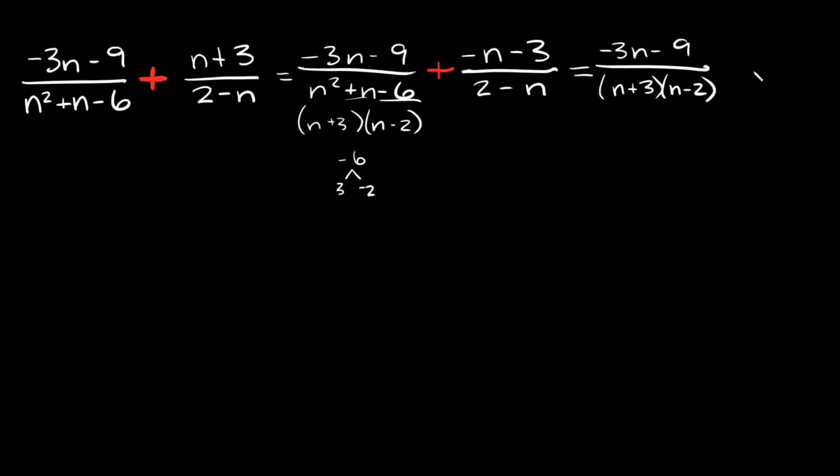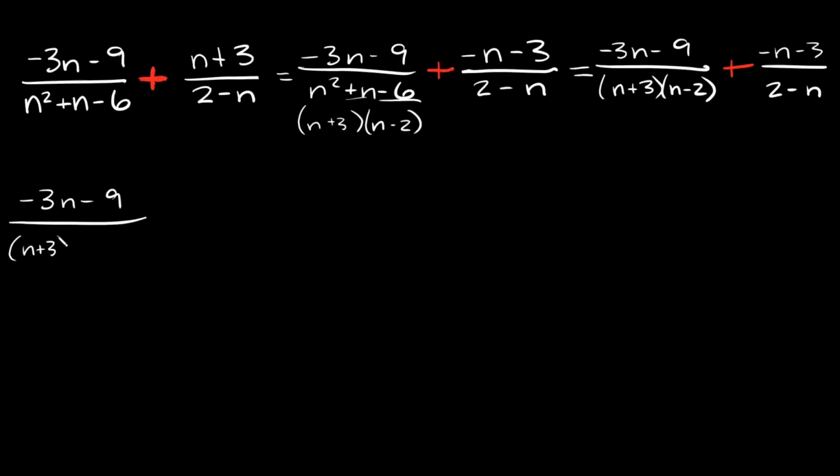And then we're adding this other one, so plus negative n minus 3 on top over 2 minus n. Now something you might notice is that this n minus 2 looks very similar to this 2 minus n. They're not the exact same thing, but it's very similar. So one thing that we can do to match those up, let's rewrite this one really quick: negative 3n minus 9 on top, and on the bottom n plus 3, n minus 2, and then we're going to add it to this one over here.